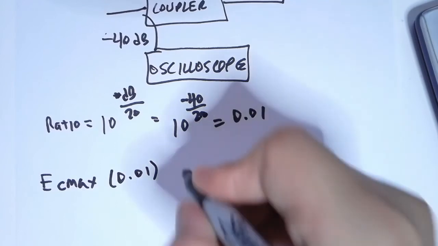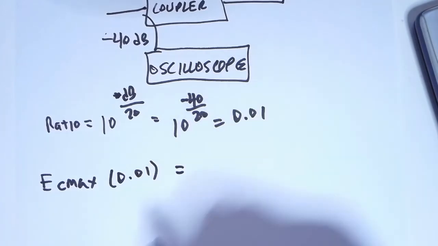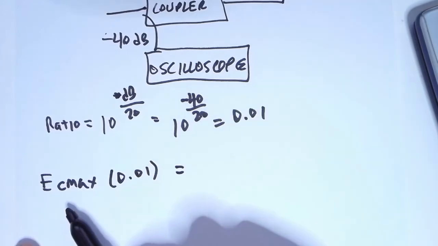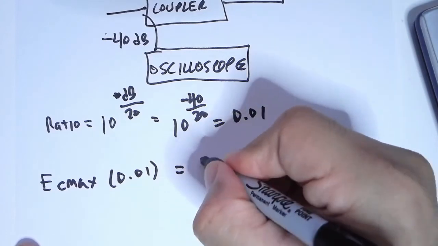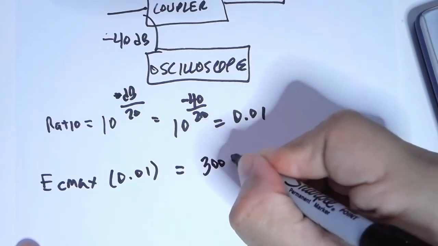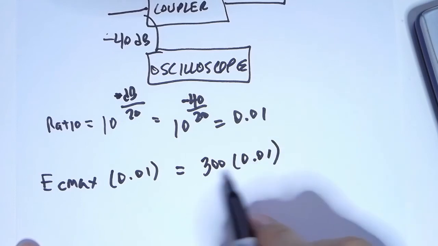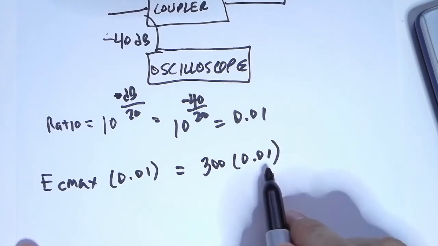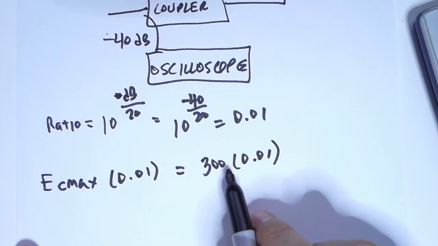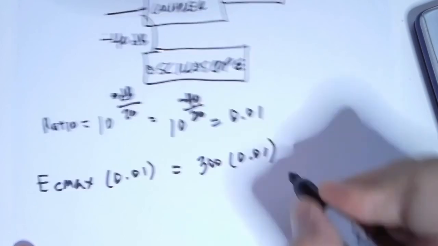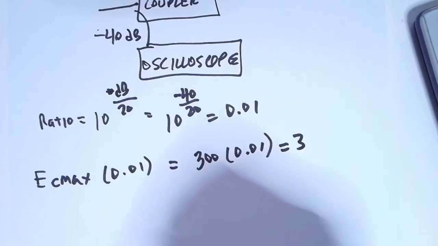That is going to be equal to AC max, 300, times 0.01. We move the decimal place two places, and that's equal to 3.